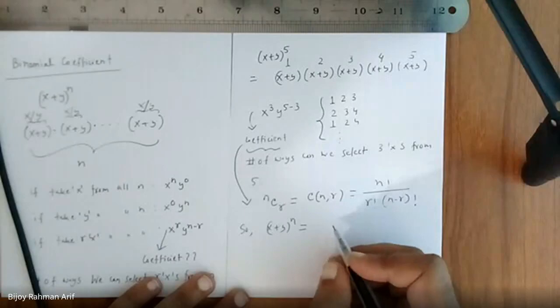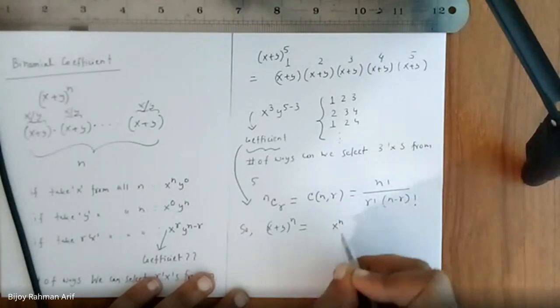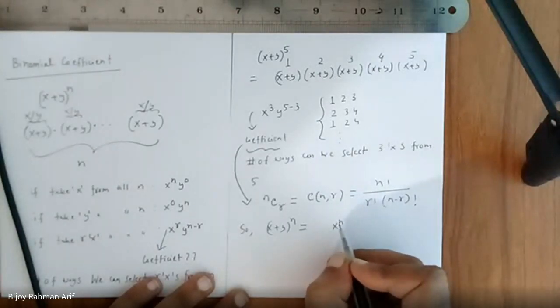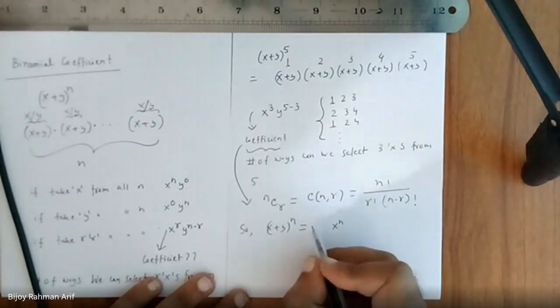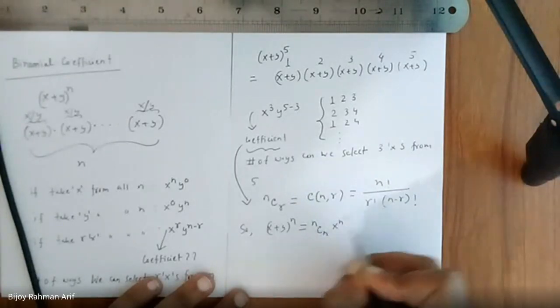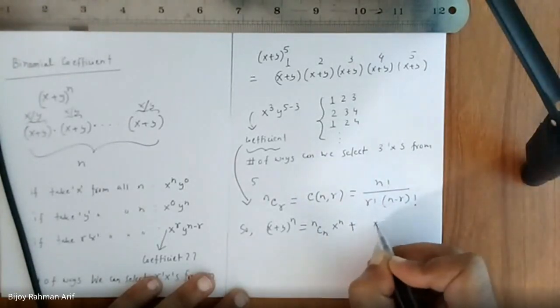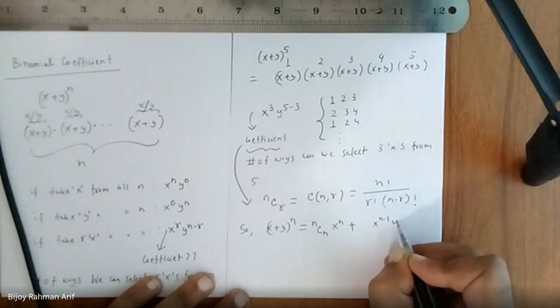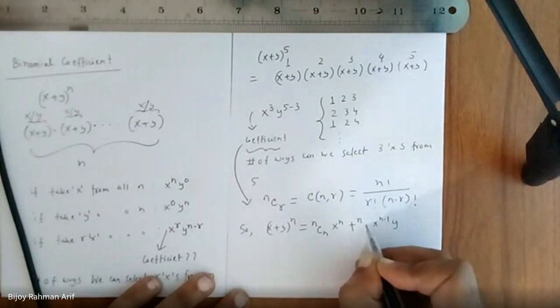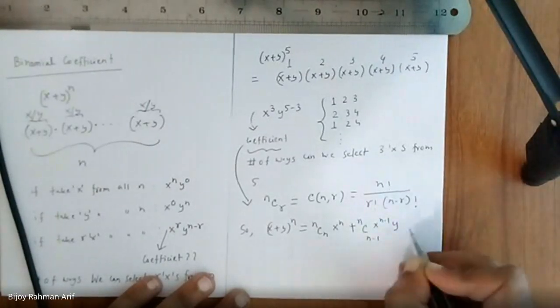the first term is x^n. So what would be the coefficient for this? nC0. Then x^(n-1) y, what is the coefficient? nC1.